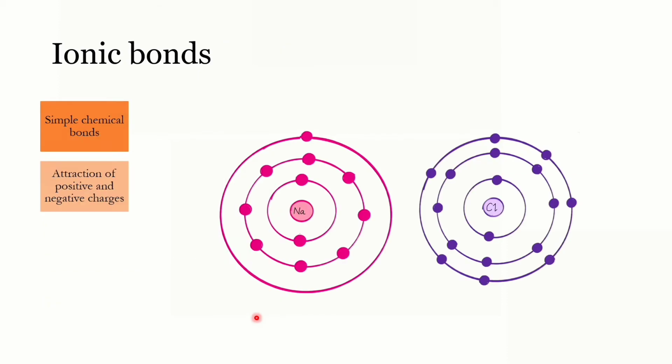So first is ionic bonds. So these are the most simple chemical bonds. So these are formed by attraction between a positively and a negatively charged atom. Now, one thing you should know is that for any molecule or an atom to be stable, its valency should be satisfied. So, apart from the first orbit, every other orbit needs 8 electrons in it to become stable.